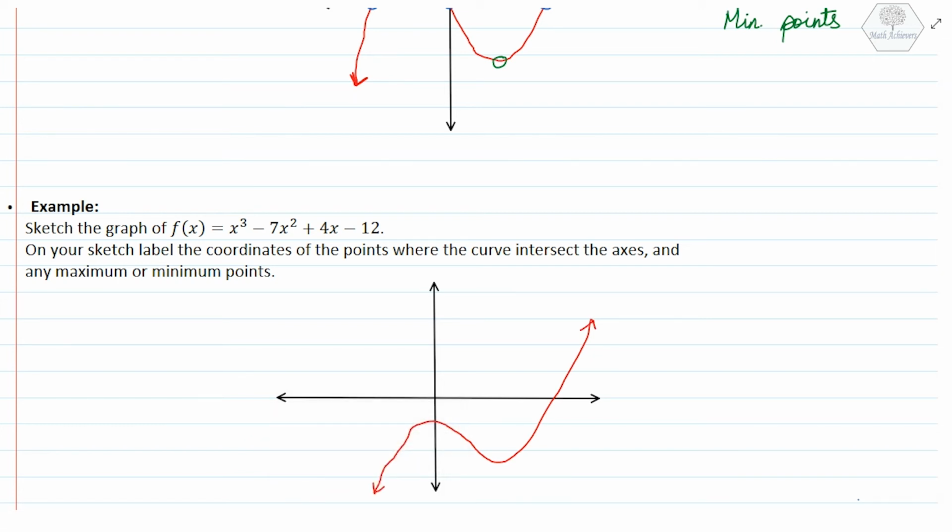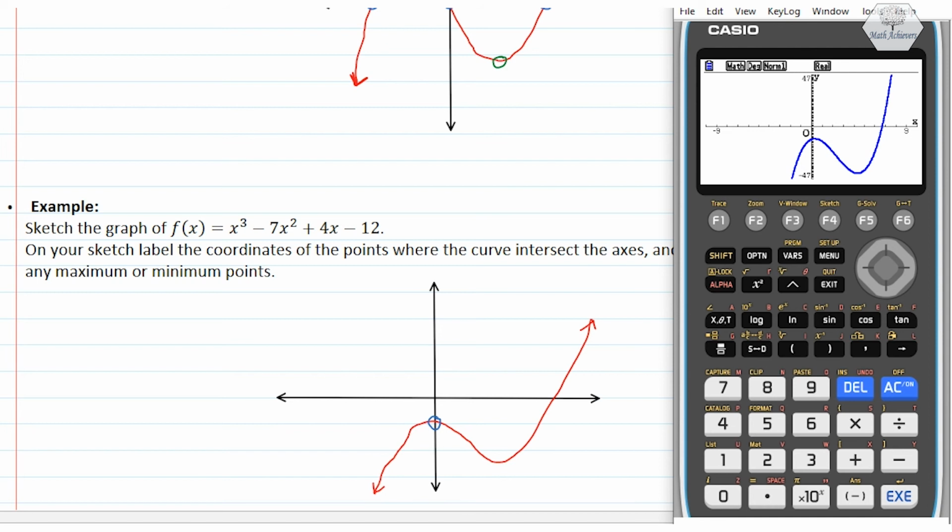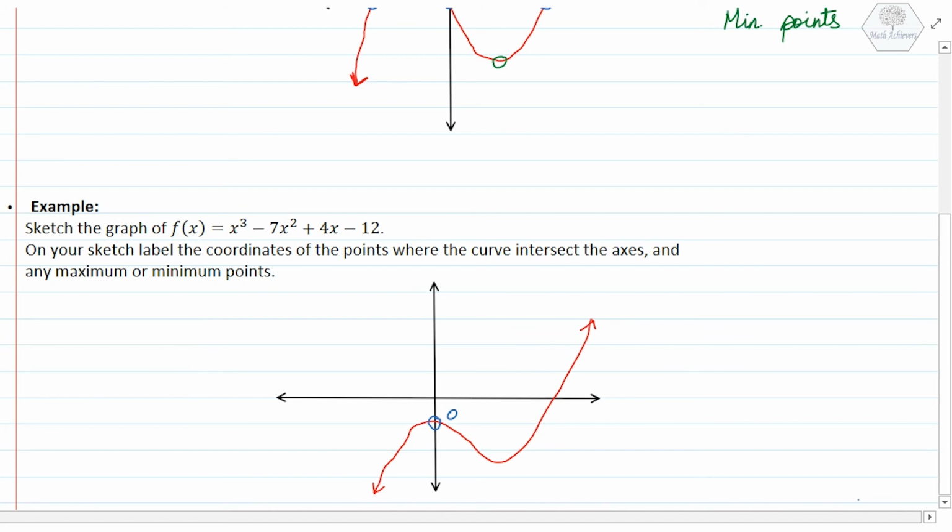I need to find the coordinate of the y-intercept. I go to my graphical display calculator. I go to Shift G solve and I press on the y-intercept. So the coordinate is 0 with negative 12. The coordinate of the y-intercept is 0 with negative 12.